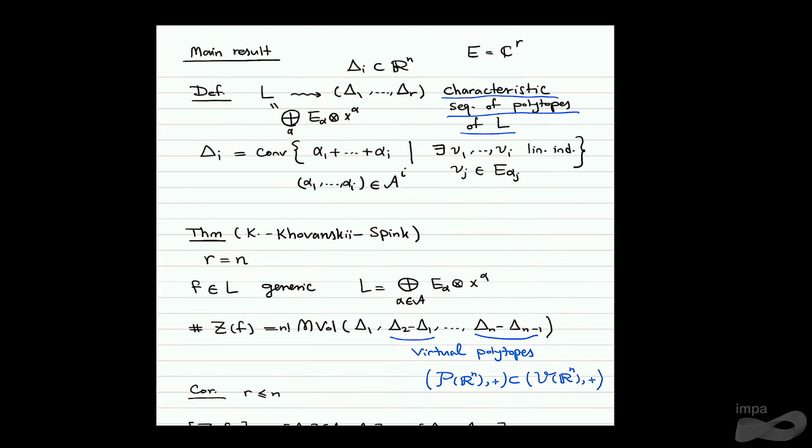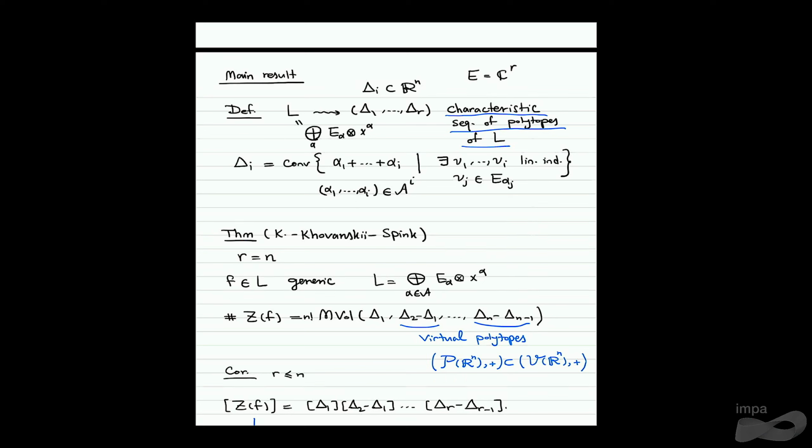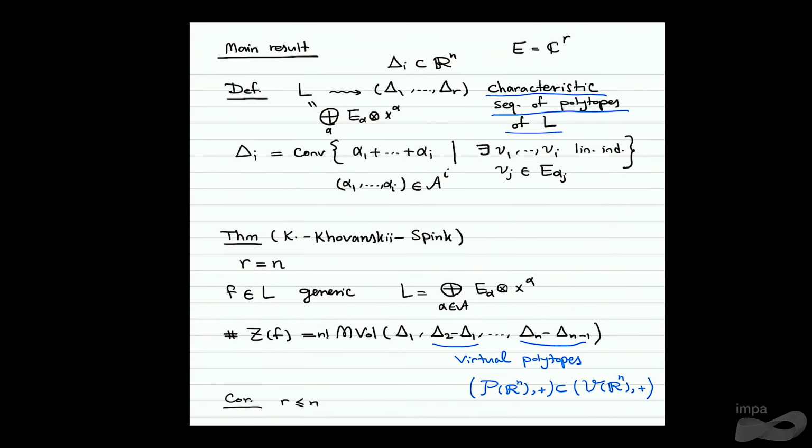By definition of this Delta i, the deltas are very combinatorial and straightforward. I'm defining Delta i, the ith polytope in the sequence. I look at an i-tuple of characters, maybe with repetition, doesn't matter. So alpha 1 to alpha i are i of the characters.